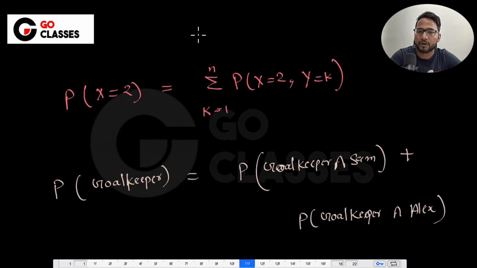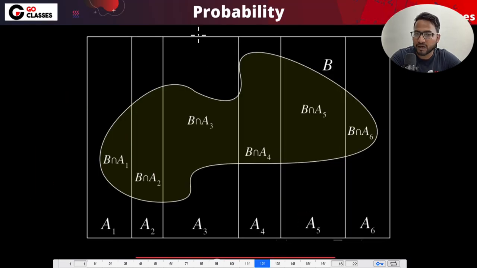Okay, cool. See here, A1 to A6 are mutually exhaustive and disjoint. Mutually exclusive and disjoint are the same, either I say mutually disjoint or mutually exclusive. These are disjoint events and also mutually exhaustive events, which means they cover the sample space.